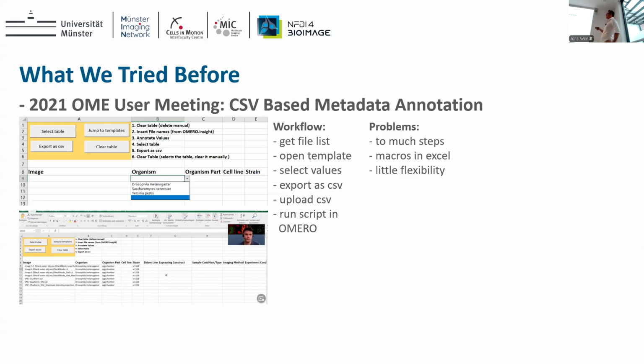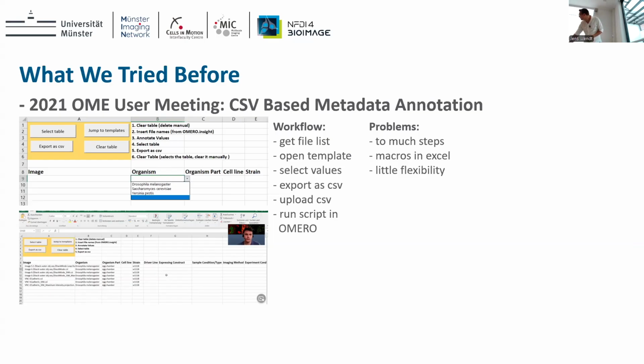What we tried before to get users to add metadata to their files is basically CSV-based metadata annotation. We had templates with macros in Excel. They could upload it, but I guess there we had too many steps. They didn't use these CSV files for something else.